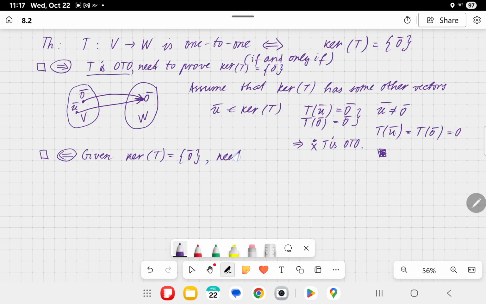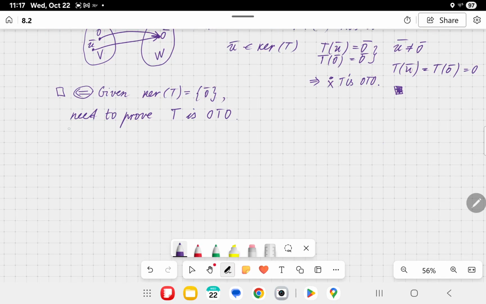Need to prove, guys, I'm going to erase this and put it lower, because here we need to prove T is 1 to 1. Again, we are going to start with an assumption. Assume T is not 1 to 1.